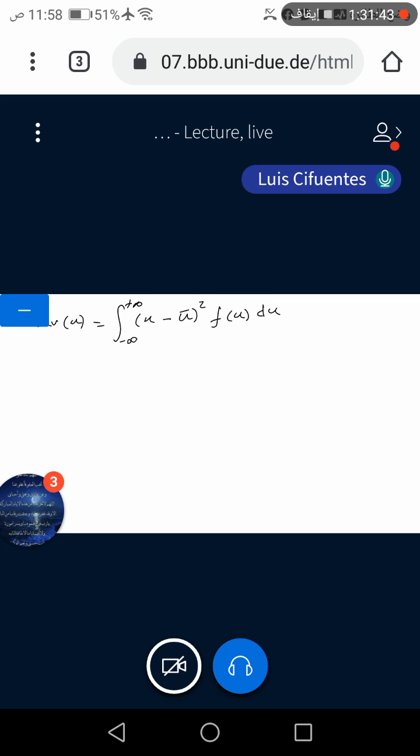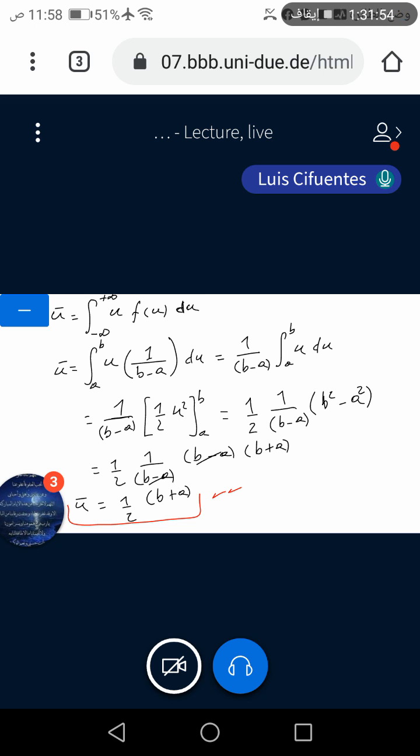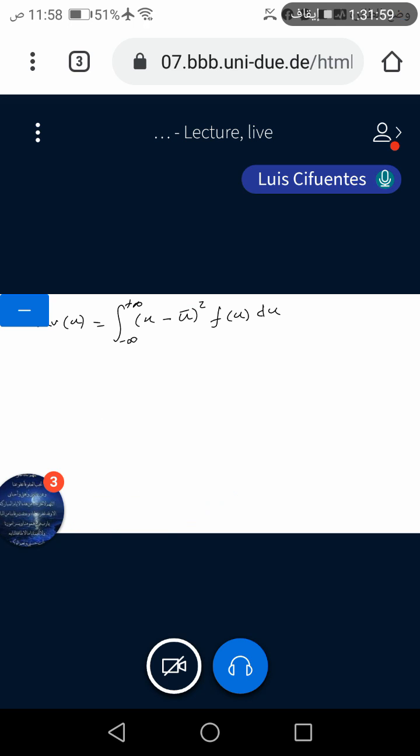And we just have to solve this integral. And we already know this mean value, so we replace that mean value here and the value for the function in the interval between A and B. So let's do it.